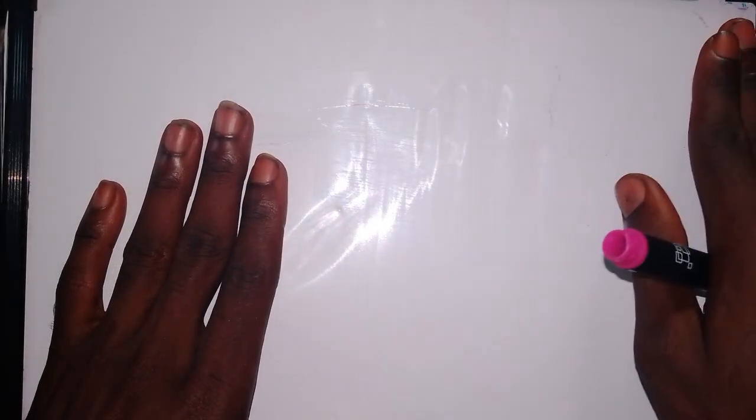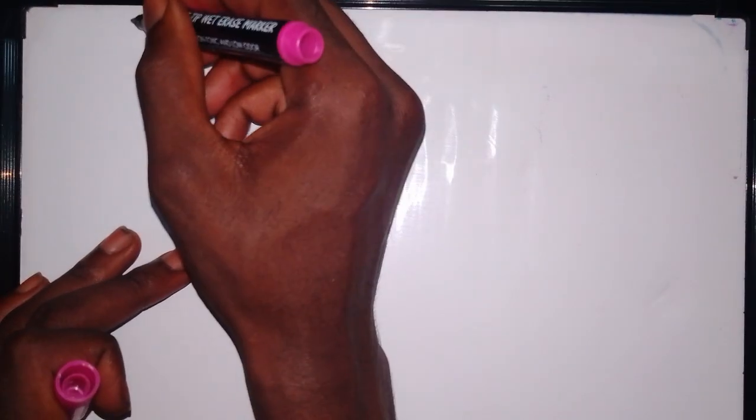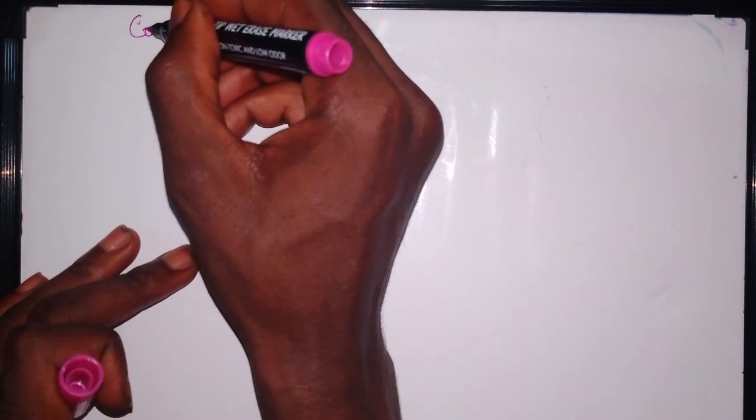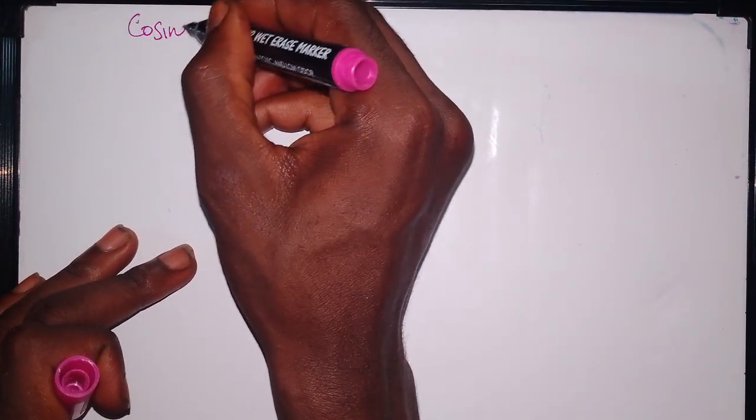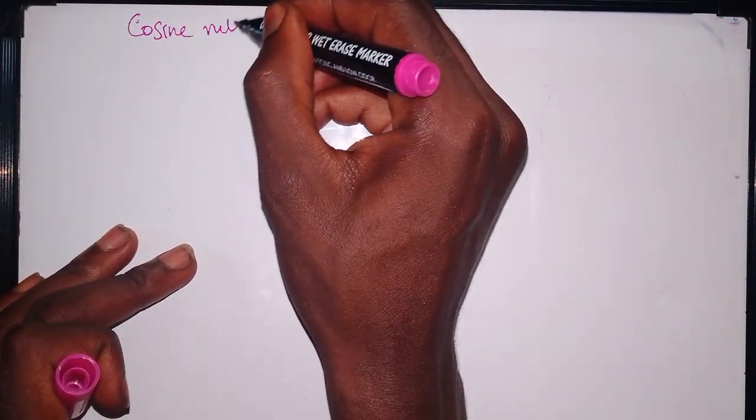Basically here we have two formulas which we use whenever we are calculating an angle or a side. The first formula which you need to understand is known as the cosine rule.